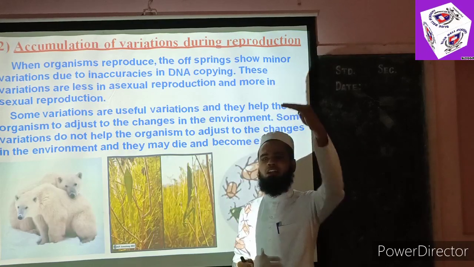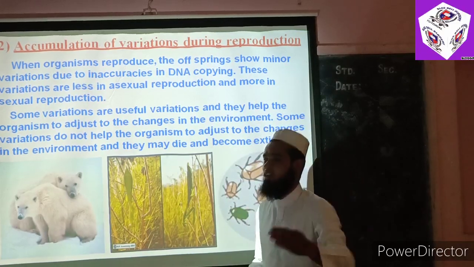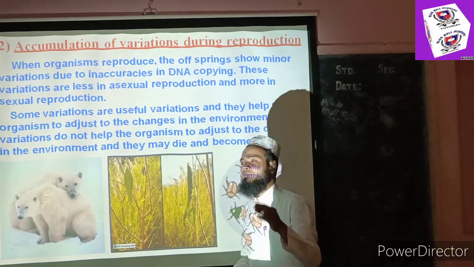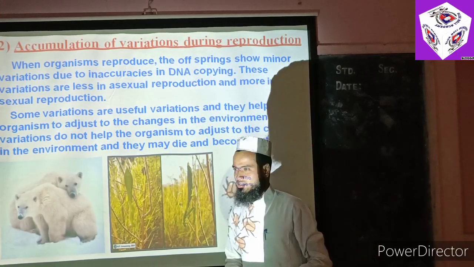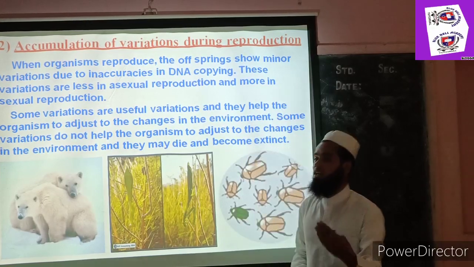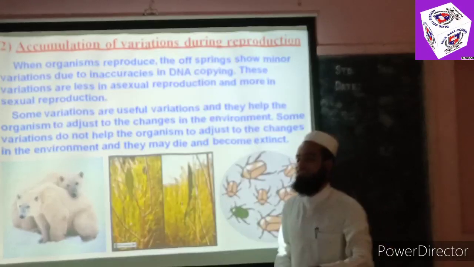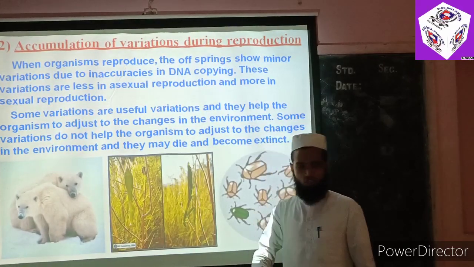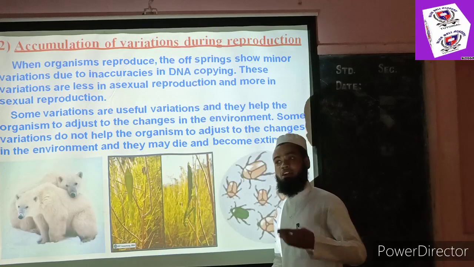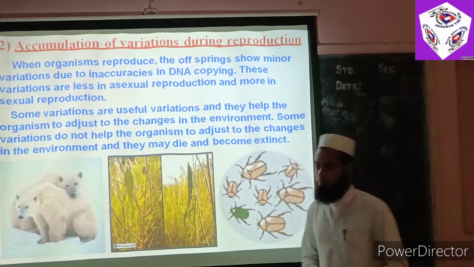Variations will be there, but very little variation we observe in asexual reproduction, whereas in sexual reproduction, we observe more and more variations. The reason is that in sexual reproduction, gametes are involved. These sex cells are involved in the reproduction, and as a result variations arise in the next generation.